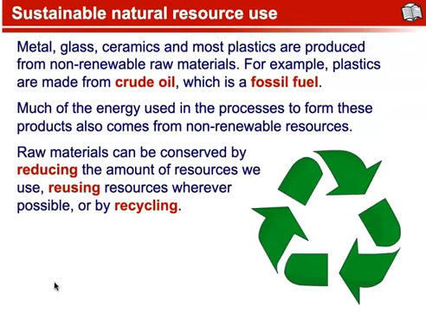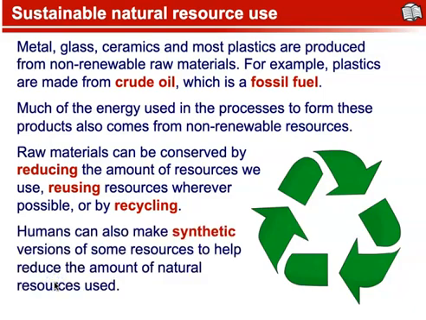Raw materials can be conserved by reducing the amount of resources we use, reusing resources wherever possible, or by recycling. Humans can also make synthetic versions of some resources to help reduce the amount of natural resources used.